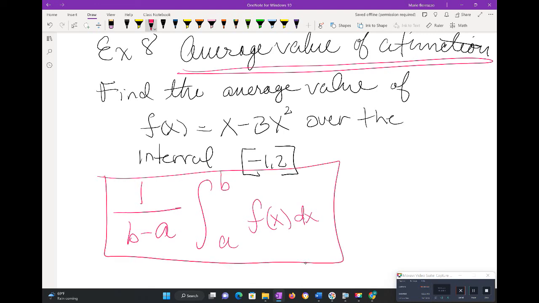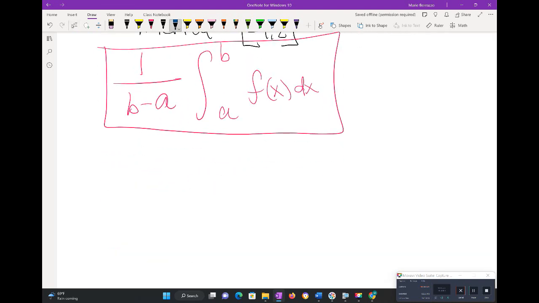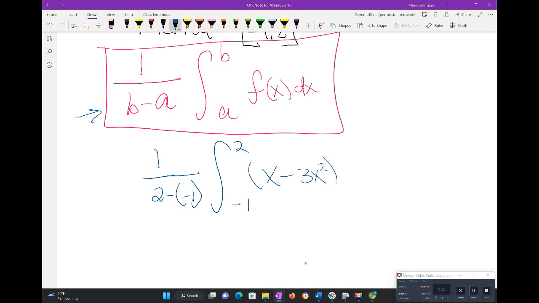This is what you'll follow as a trend. So let's go ahead and calculate this one. They give us the function, so this will be 1 over 2 minus -1 times the integral from -1 to 2 of x minus 3x squared dx.